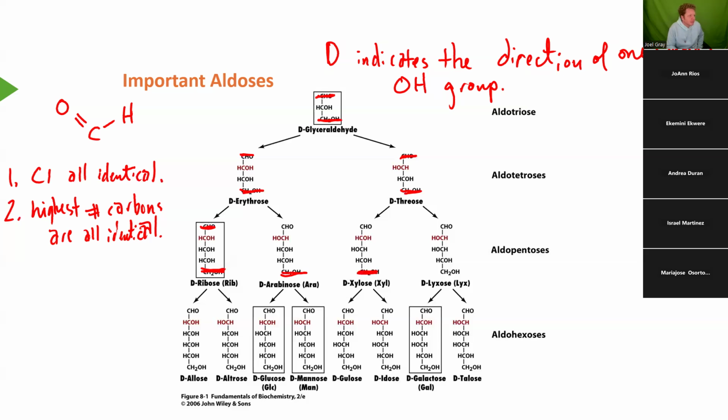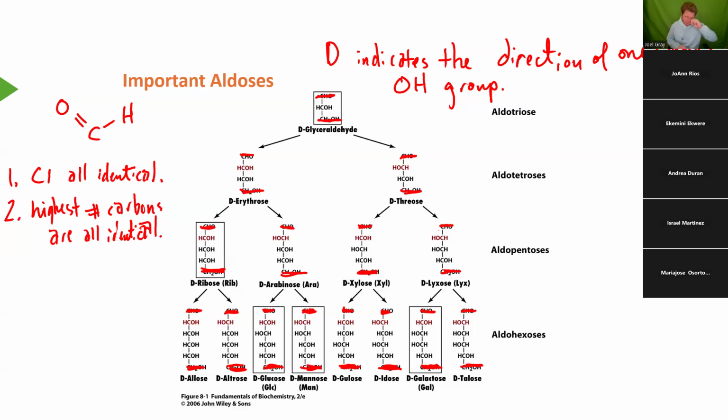Now, with that said, I mentioned that the capital D indicates the direction or the positioning, the orientation, of one hydroxide or one OH group on all of these molecules as identical. I've eliminated carbon number one because those are identical. And I've eliminated the highest numbered carbon, because those are all identical.